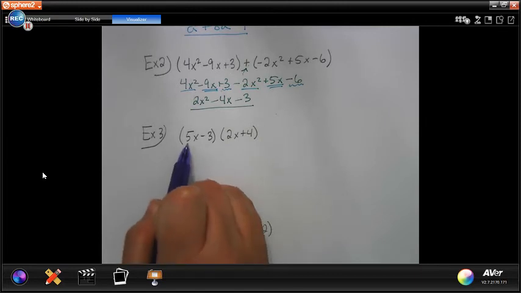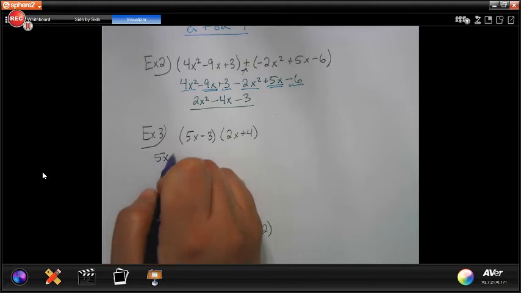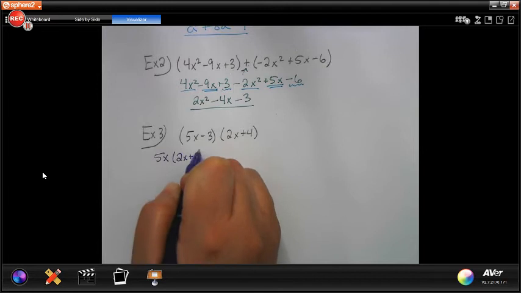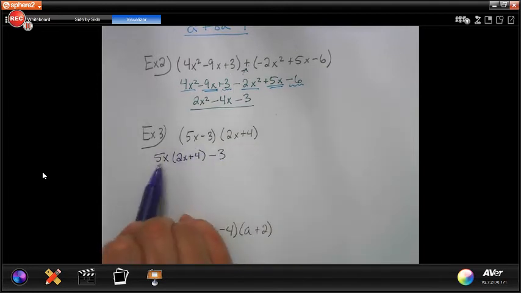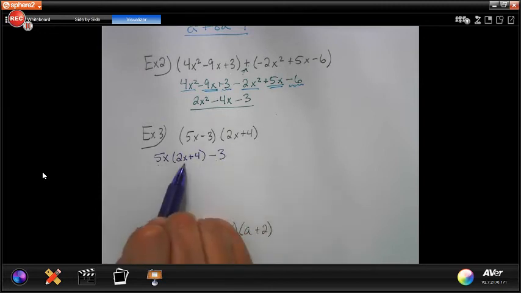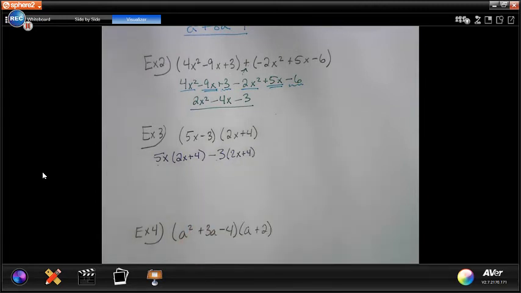Distribution method is you take this 5x in the first parentheses, and you multiply it by the whole parentheses of the second one, not the first one, because we're splitting up the first one. So we have 5x minus 3, we split it up, and that second parentheses goes with each one. Like so.